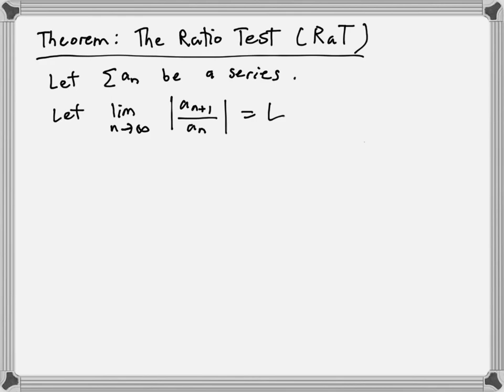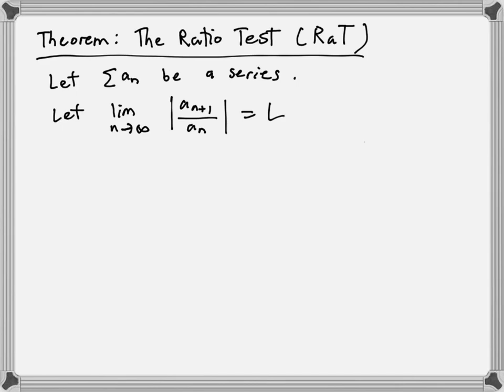Suppose that we get this guy L for its limit. Now, if L were to be 1, then that means that eventually the terms all start to look the same, in which case there's no way it can converge, right? Because it's not going to 0.